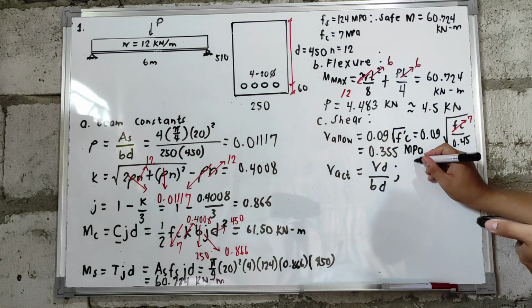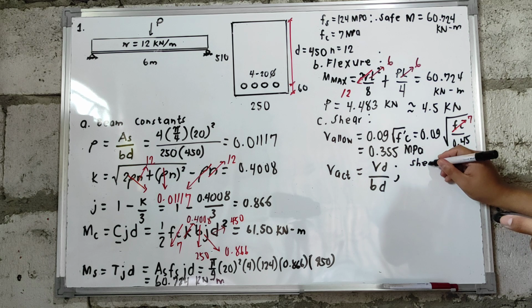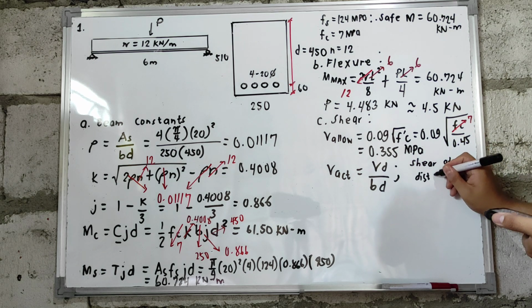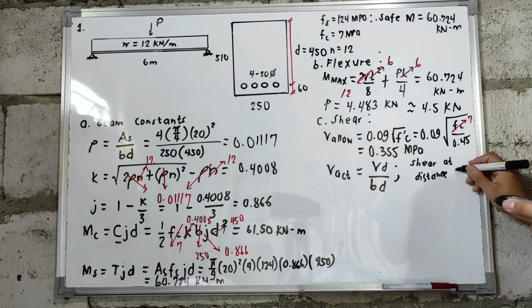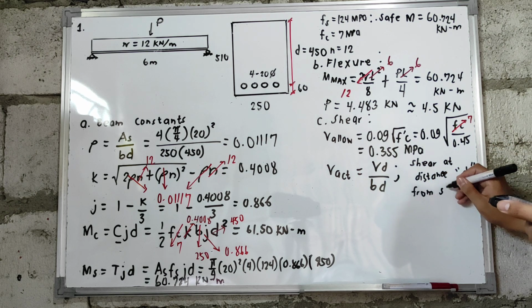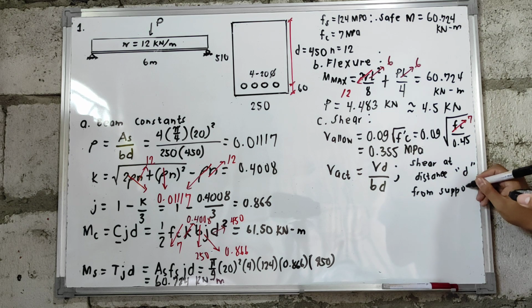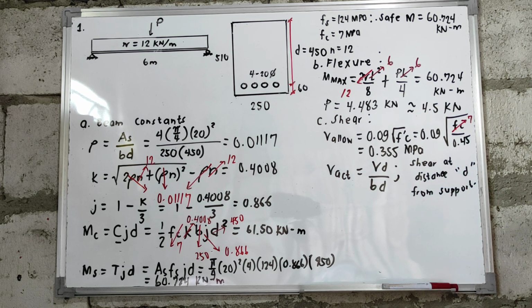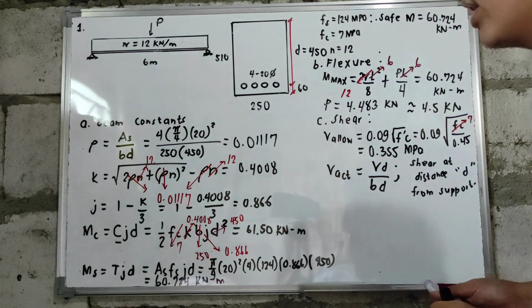So, yung V sub D natin, that is yung shear at distance D from support. So, kukunin daw natin yung VD natin, yung shear at distance D from support. So, from the support, eto yan.